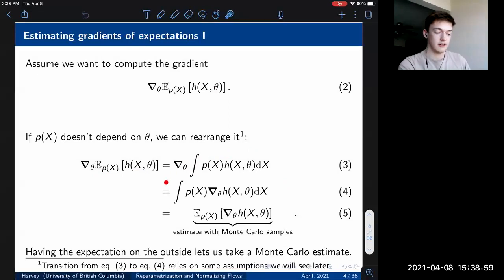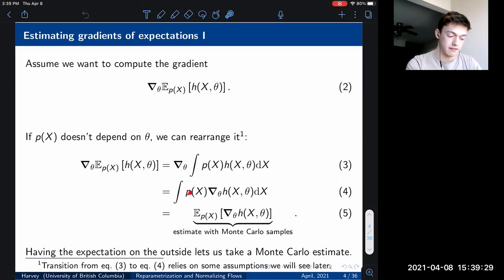And then we get to the slightly more interesting step, where we want to move this gradient with respect to theta inside the integral. This is something that we can't always do in general, and we're going to come back in a few slides' time to when exactly we can swap the integral and the derivative. But for now, we're just going to assume that h is sufficiently nice and differentiable that we're allowed to do this.